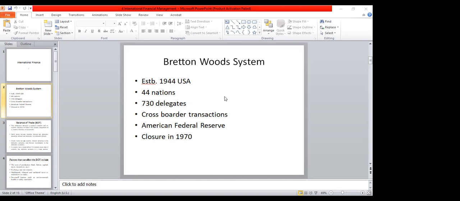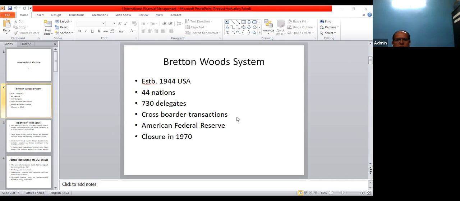But while closing this Bretton Woods system, two important thoughts were given by this conference, and these were the establishment of the IMF, that is the International Monetary Fund, and the World Bank.